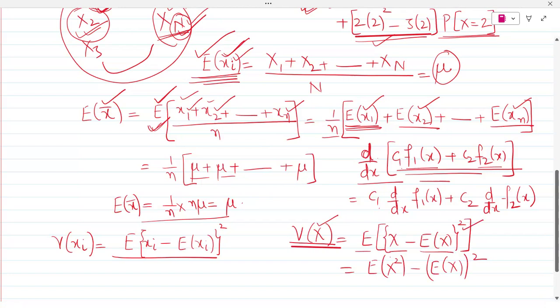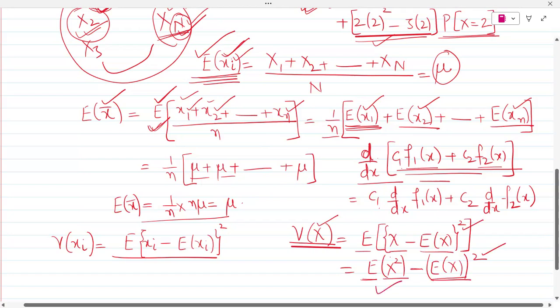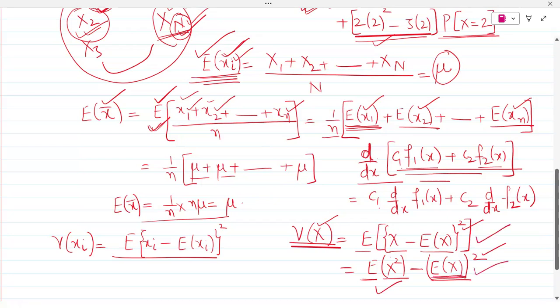It is also equal to the expected value of x square minus the square of the expected value of x. So it can be proved that this expression is equal to this one. Whenever possible, I will prove this also.